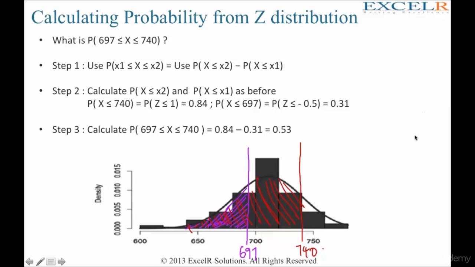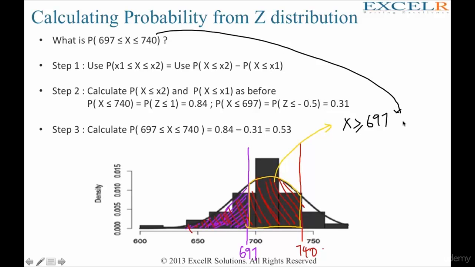However, the area of interest for us is this region. It is this region, this one. X value greater than or equal to 697 and x value less than or equal to 740.